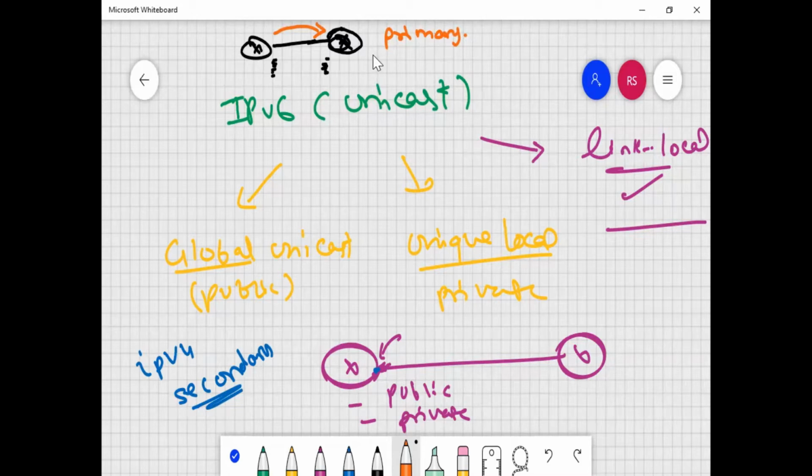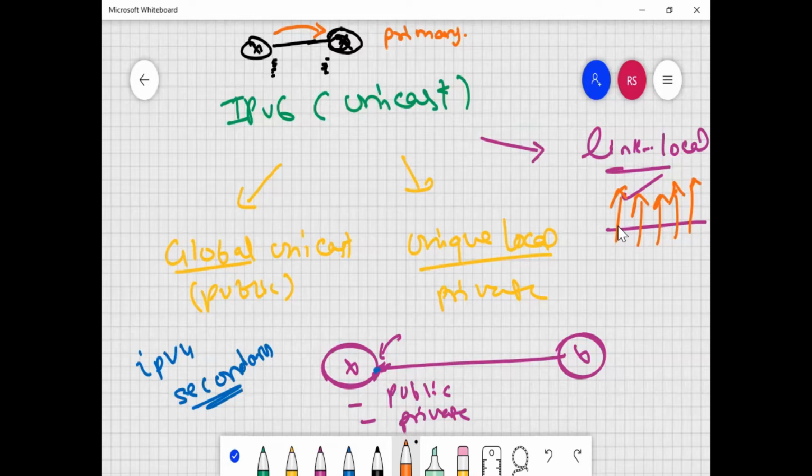Similarly, over here, any neighborship will be created on a special address known as link local. When I show you OSPF today, you will see the link local representing the next hop.